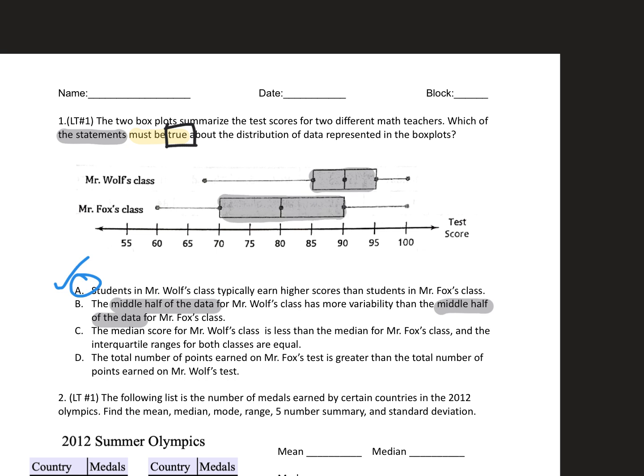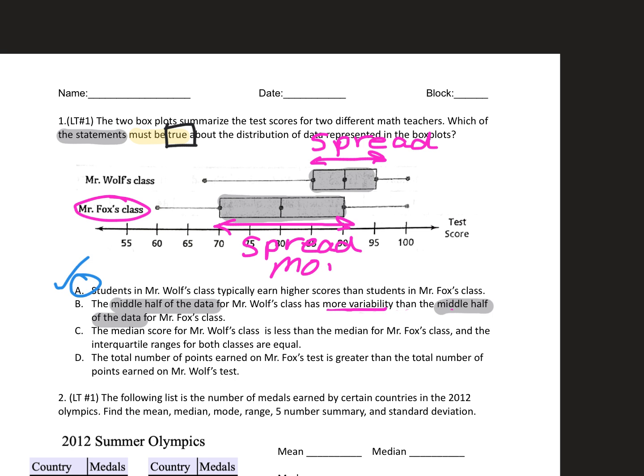And option B says that Mr. Wolf's class has more variability. Remember that variability means spread. So if we're looking at the two classes, Mr. Fox's class is the one that has more spread.